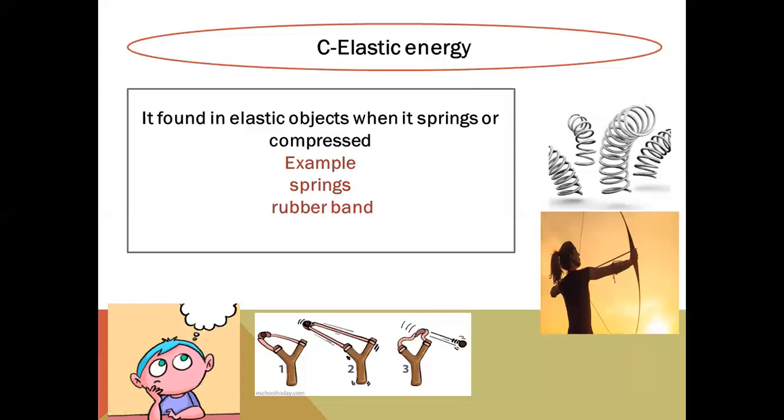I give you one question about this elastic energy, and you must think and start to answer it. Answer number one and number two for homework, and start to send them to me so I can make corrections if you have any mistakes.